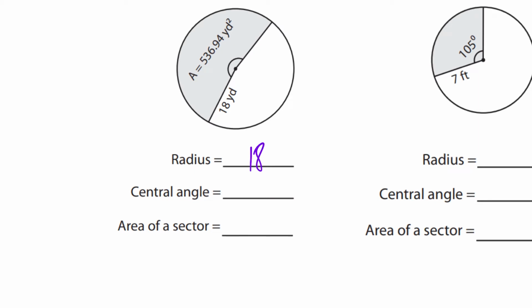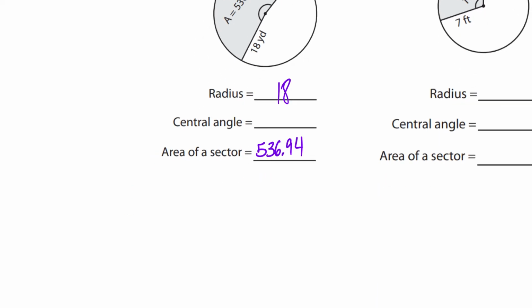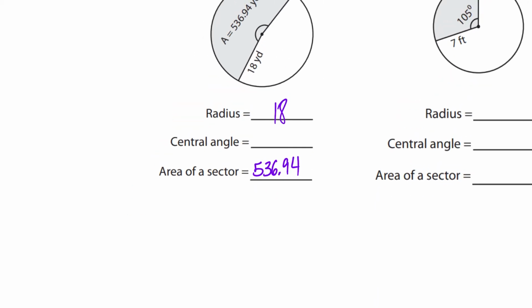What's the central angle? That's what we don't know, we'll be looking for it in a second. What's the area of the sector? 536.94. The area of a sector equals pi r squared times m over 360.